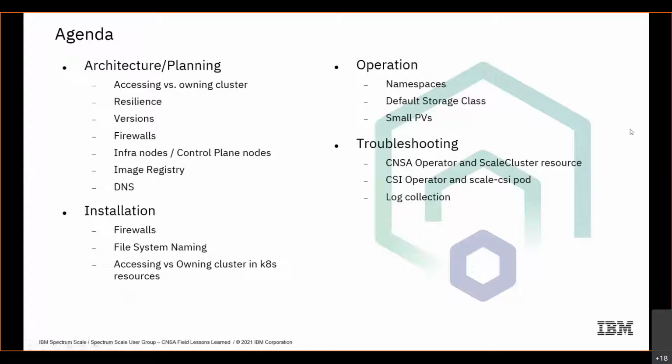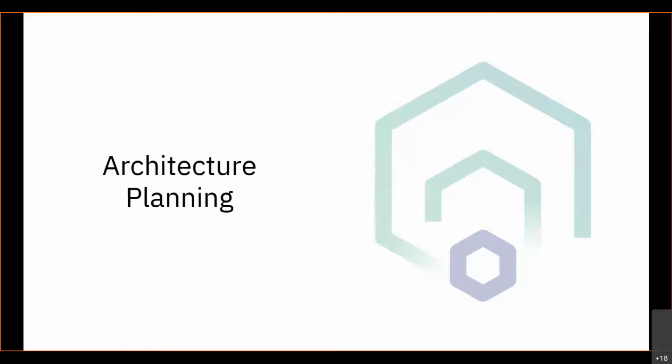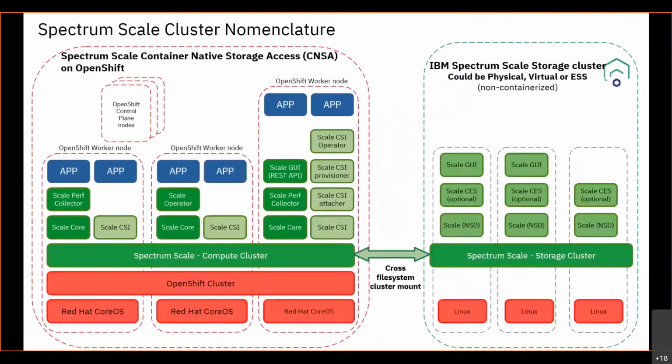Then some items to be aware of during operation. And then finally, some pointers on how to troubleshoot. Also here, Laura has nicely demonstrated some ways to troubleshoot, and I'm just going to wrap it up then. So let's dig into the architecture planning stuff.